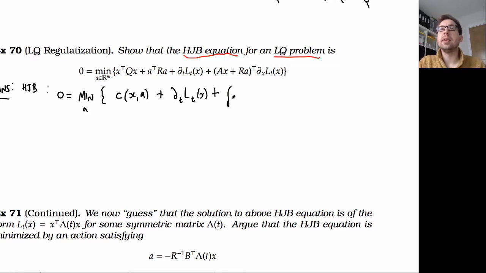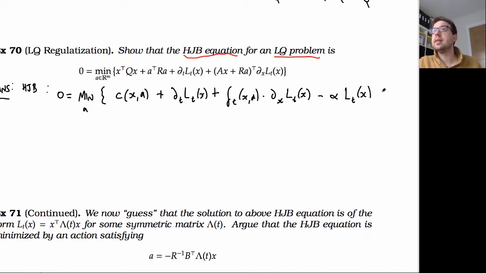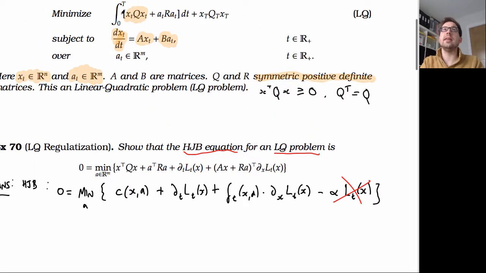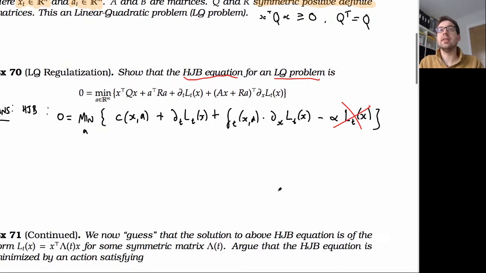Then we add on f_t(x, a) dotted with the partial derivative with respect to x of our value function, and then we subtract off alpha times the value function, with no derivatives on it. In our case this is equal to 0, because we don't have any exponential decay. We could, but we don't in this specific case that we're considering.